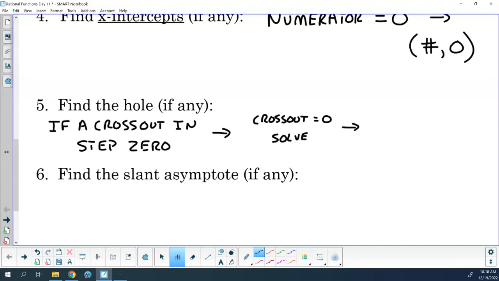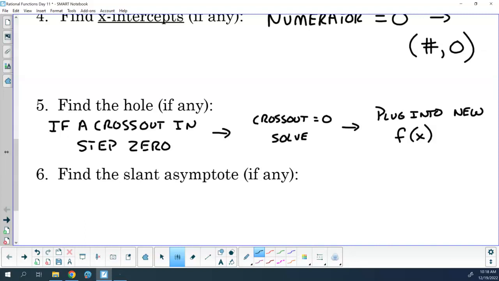We set whatever we crossed out in step 0 equal to 0, into the new function, right? And that gives you the coordinates of your hole.